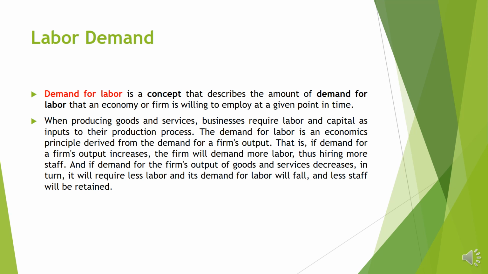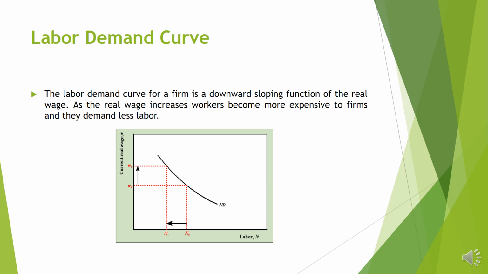And if demand for a firm's output of goods and services decreases, in turn it will require less labor, its demand for labor will fall, and less staff will be retained. Labor demand curve.